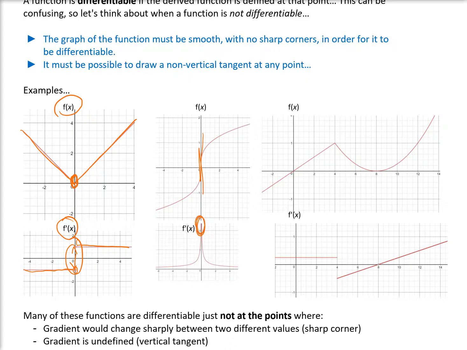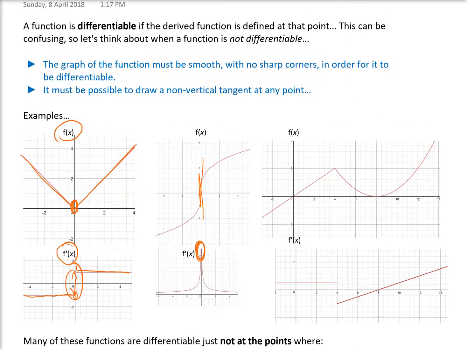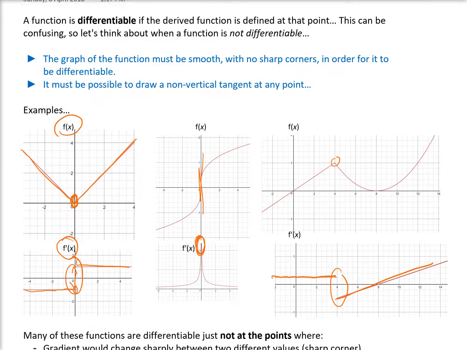It is not differentiable. Another point here, this function has a gradient of a number, and then all of a sudden the gradient function jumps down there. And again, this jump means it's not differentiable at that point.